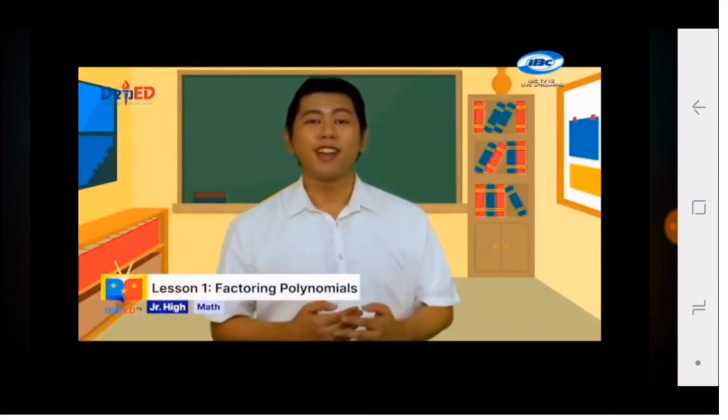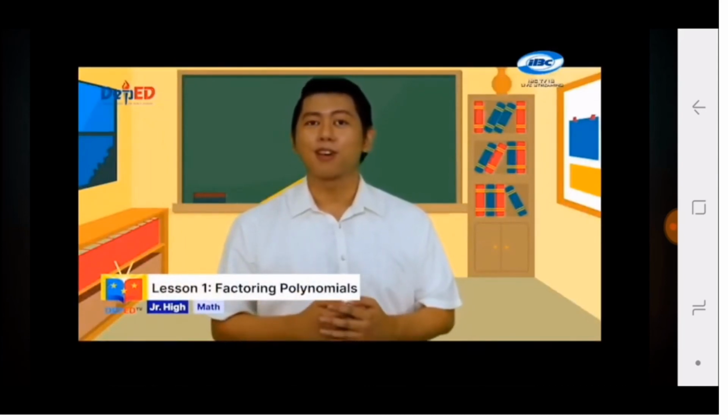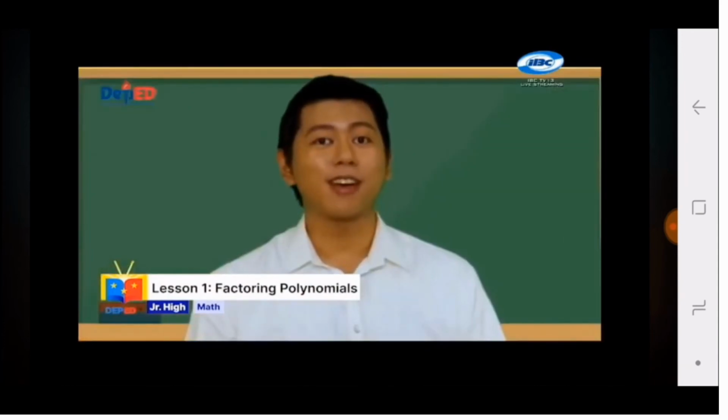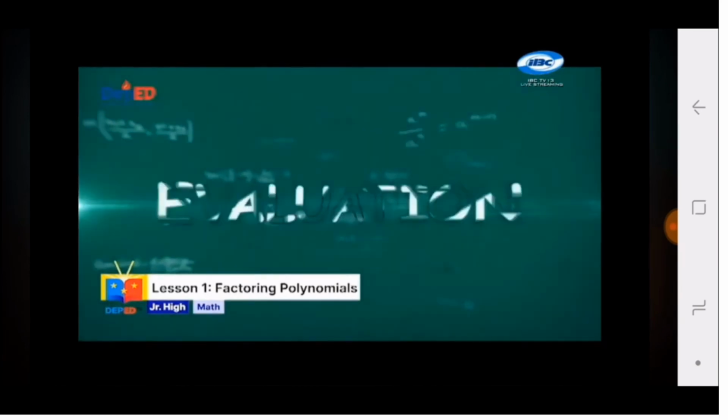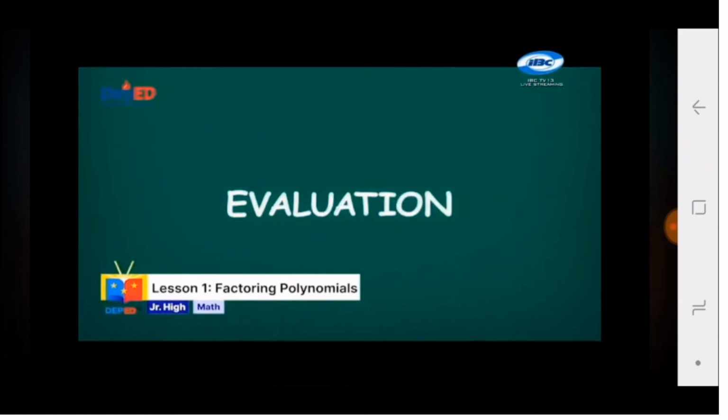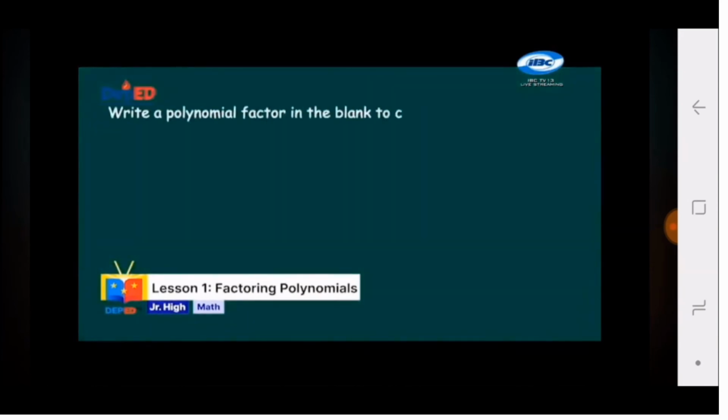Since we are near the end of your lesson, prepare your pens and your paper because it is important to evaluate what you have learned. I will give you 10 seconds to answer each item. Write a polynomial factor in the blank. Complete each statement.